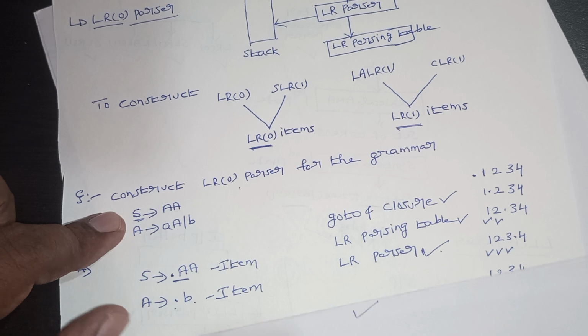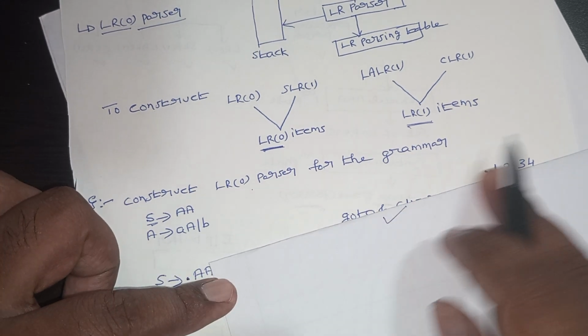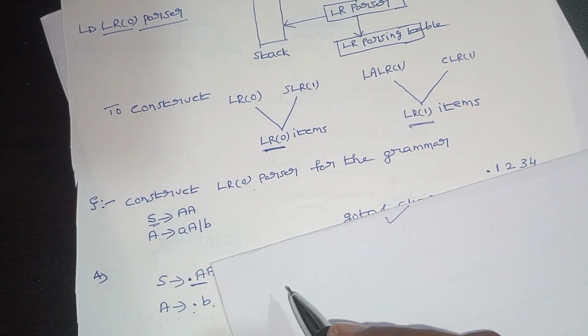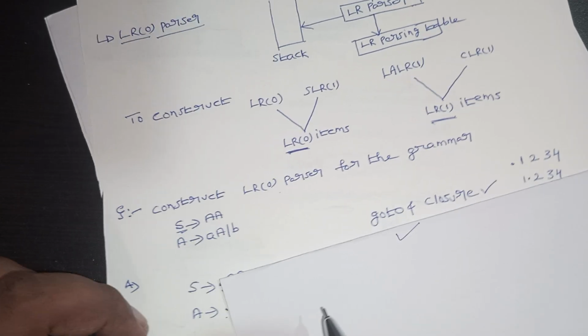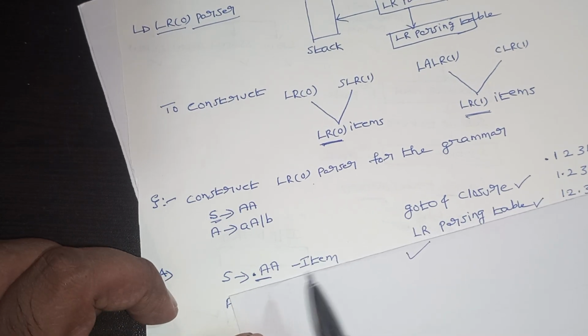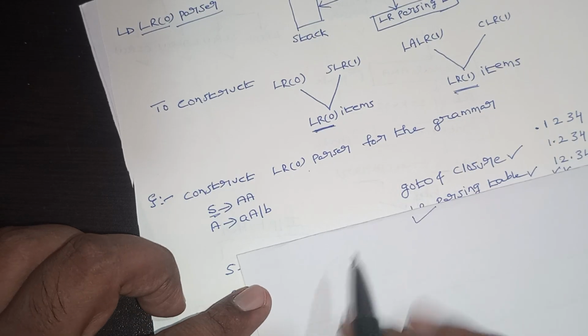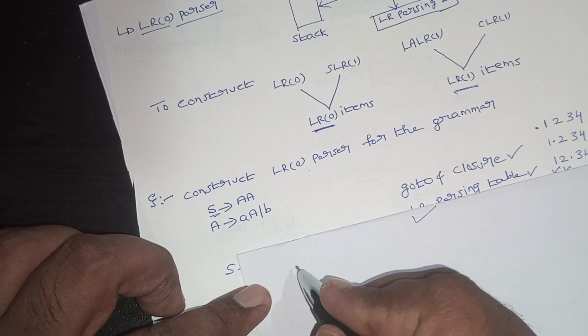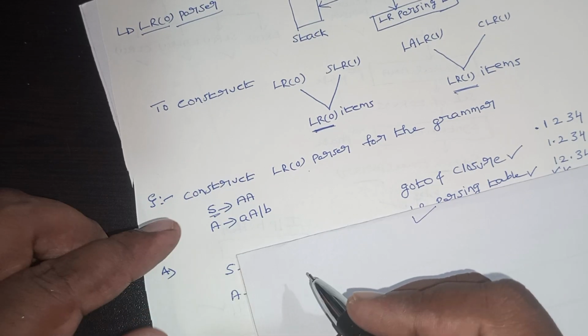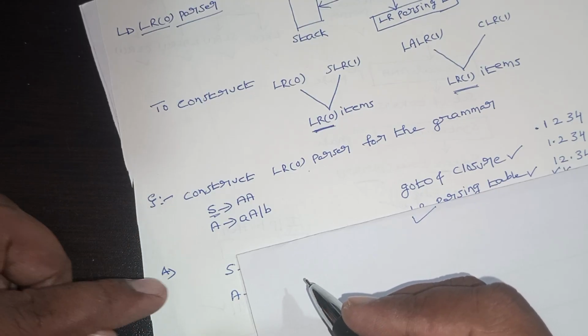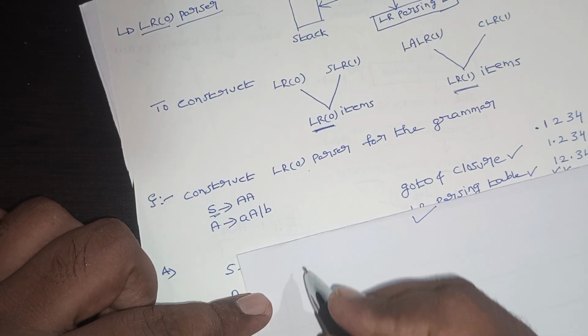So for this grammar, I am writing the grammar. Directly I am taking, you have to create the augmented grammar. First, what is an augmented grammar? For the existing grammar, I am adding one new rule, that is called augmented grammar.